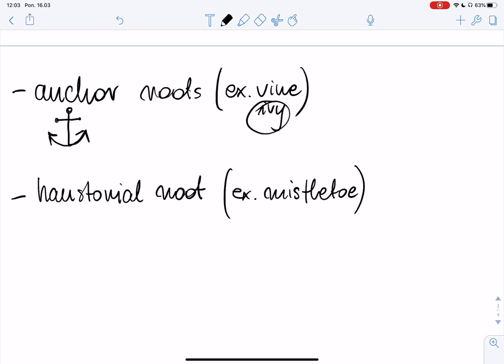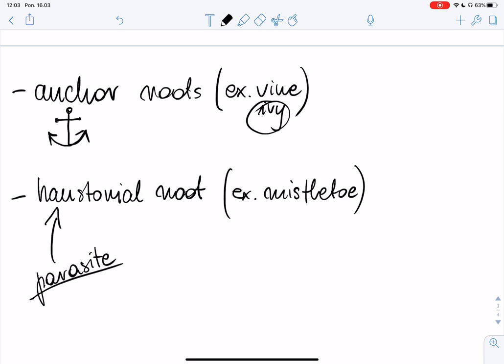Jemioła. And guys, this type of root is designed to steal. So, what do we call an organism that lives on the cost of other organism? Parasite. And guys, mistletoe is a parasite.